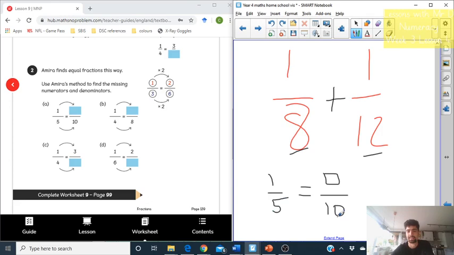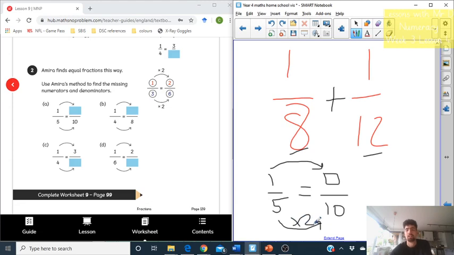But now we know that if we're looking at equivalent fractions and we want to look at seeing which fractions are similar, we can, if the denominator and the numerator can be times by the same number, then we will have equivalence. So I know that I can get from 5 to 10. 5 and 10 are multiples of each other. To get from 5 to 10, I have to times it by 2.